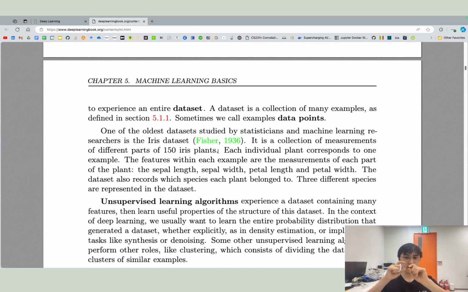It just gives the plant's height, width, some other metrics of the plant, and they are giving the label. So if a plant is 2 centimeters in height and 1 centimeter in width, it belongs to one class of plants. Or if the height is 10 centimeters, then it belongs to another class. So we have that kind of raw dataset, data points, and there are 150.